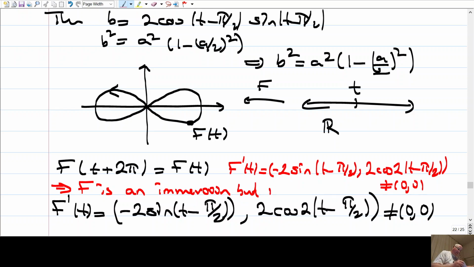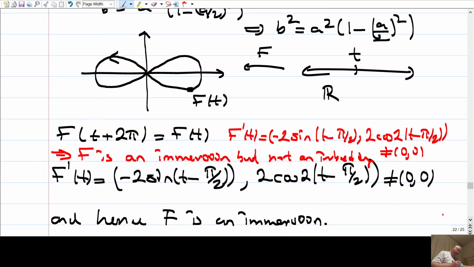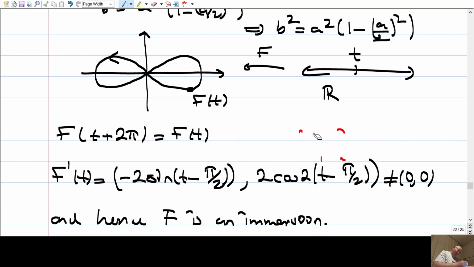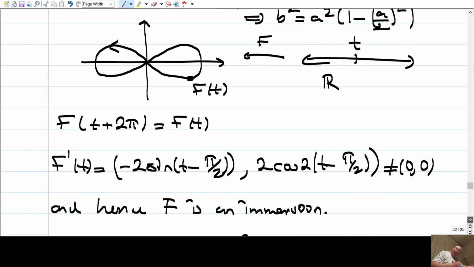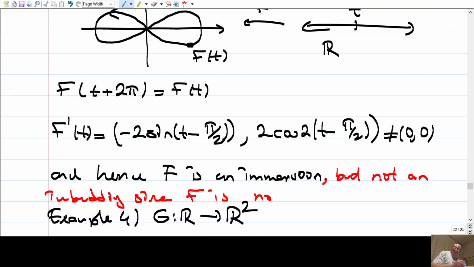But not an embedding. F is an immersion, but not an embedding, since f is not one-to-one. Right? F is not one-to-one.